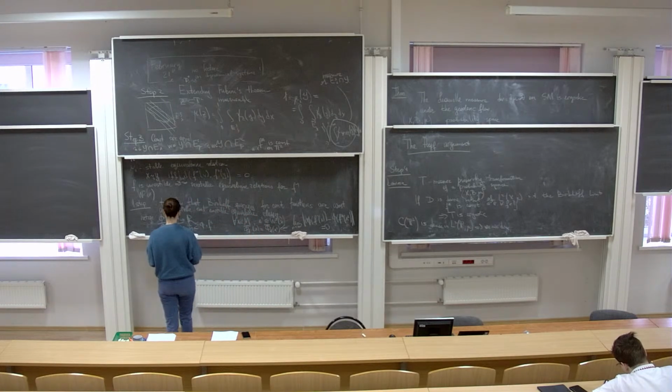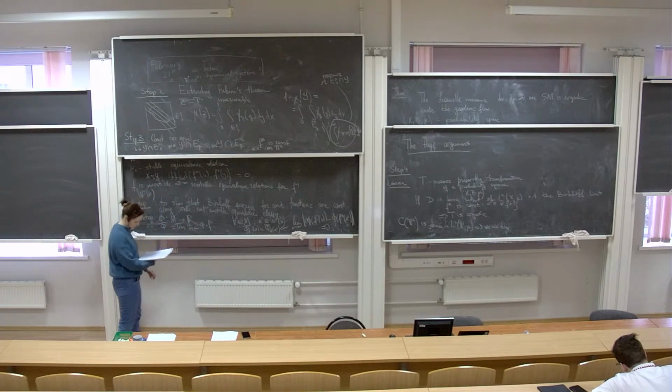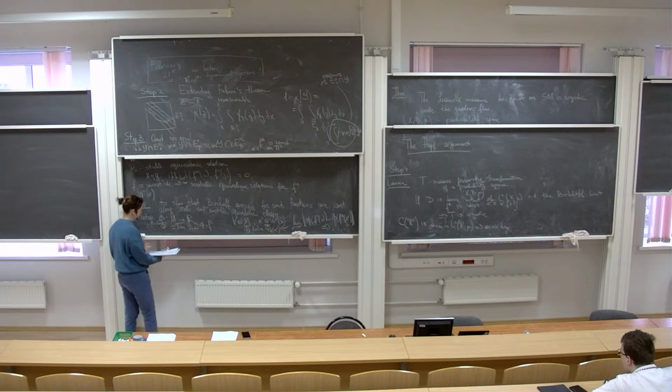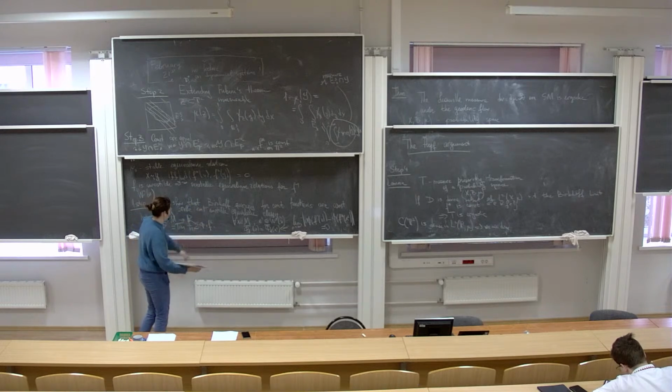So if the limit of phi bar exists for x, then it exists and it's constant on the corresponding stable leaf.